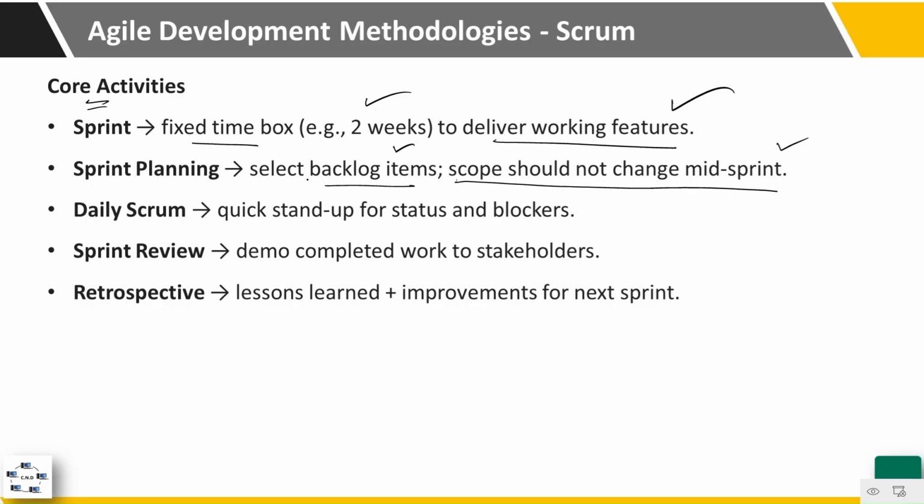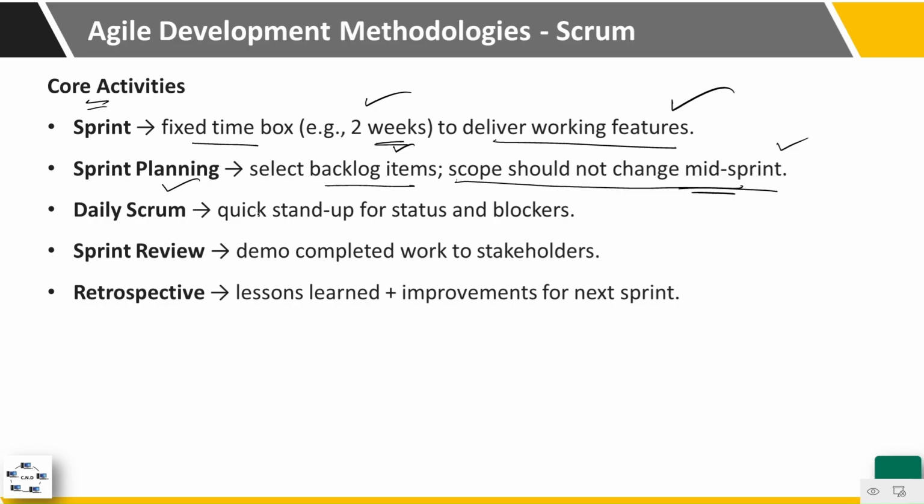When we select the items that will be completed in the sprint, then the scope of these items should not change during the middle of the sprint, because again the sprint is a short phase, so you cannot just change requirements in the middle of the 2 week duration.